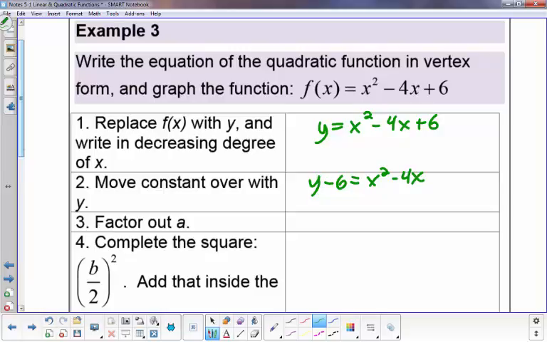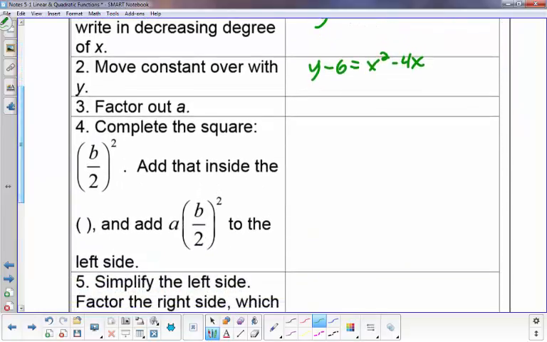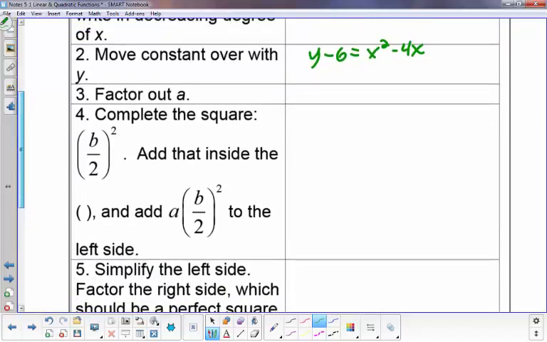All right? Then you factor out an a if possible. We do not have one here. It is 1, so we don't actually have to do this, so we skip that step. And then we complete the square. We take whatever our b value is, divide it by 2 and square it, and add that to both sides. Whatever we do to one side, we do to the other.